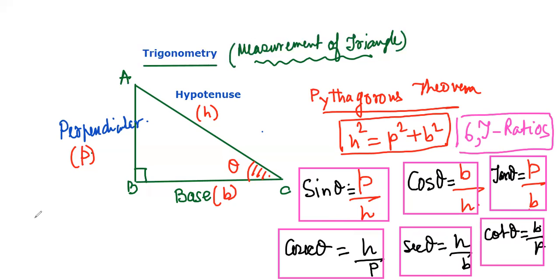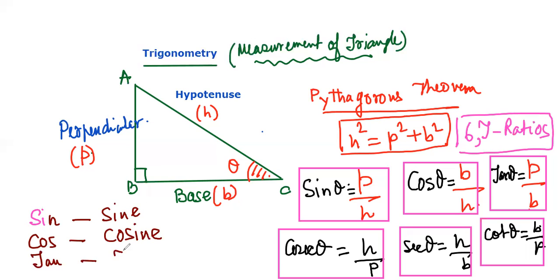And for your knowledge, I would like to tell you, whenever we say sine, we mean sine actually. When I say cos, basically it means complementary of sine. That's why we write it as cosine. When we write tan, that means basically it is tangent.